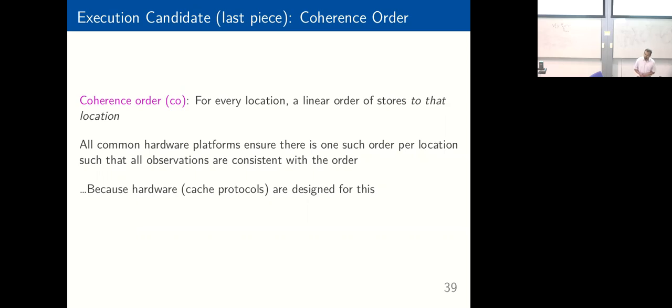Relation. How does that work? So the W's are writes, so stores, yes. The way to look at it is this picture here. Stores are always first in this relation, loads are always second.